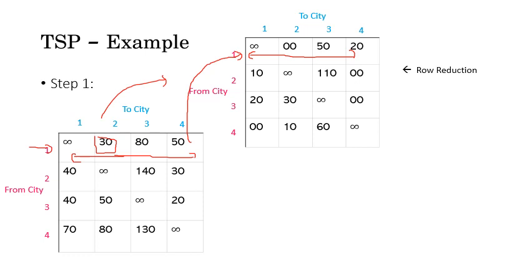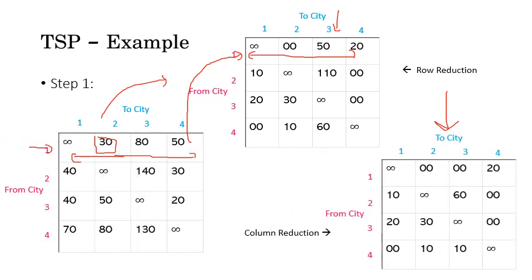Now, if you look at it, column 3 does not contain a single 0 entry. So let us do column reduction. So this is the table after column reduction is done. You can again pause the video and do the calculations yourself. We are going to adopt the same technique here.